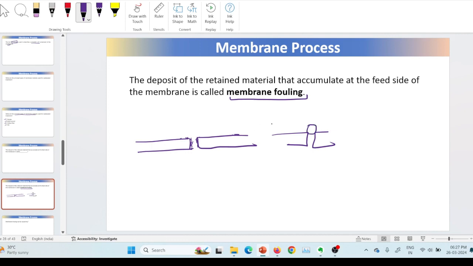So this is the feed side. The deposit of the retained material that accumulates at the feed side of the membrane is called membrane fouling. This phenomenon is called membrane fouling.